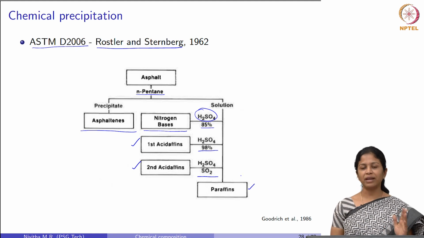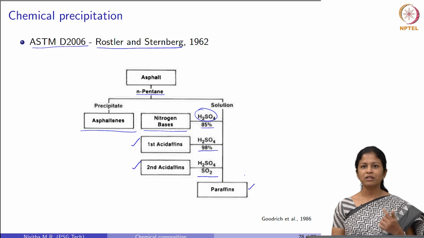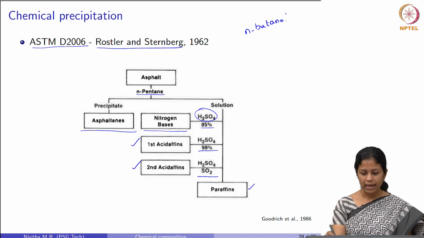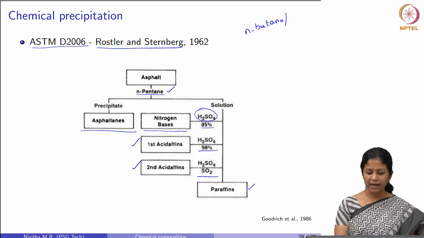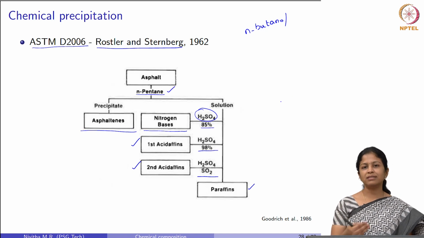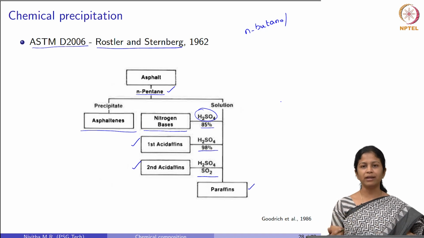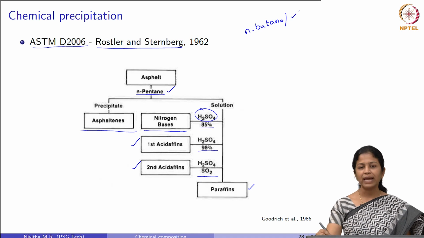It is not just the name alone, but it depends upon the dissolving capacity of the solvent. In the previous case we used N-butanol as the solvent, but in this case we are using N-pentane. As the number of carbon atoms increases, the solvent becomes stronger in nature. So, N-pentane is stronger compared to N-butanol.